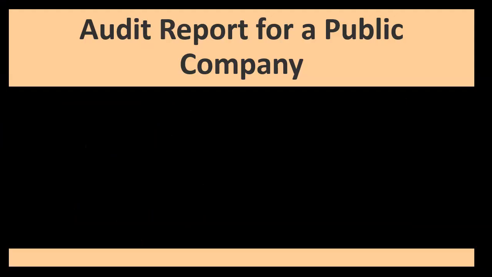So let's look first at the normal format of the audit report, and then we'll think about some types of restrictions or deviations from that normal clean audit report that we would put together under normal or good conditions if everything runs smoothly through the audit process.